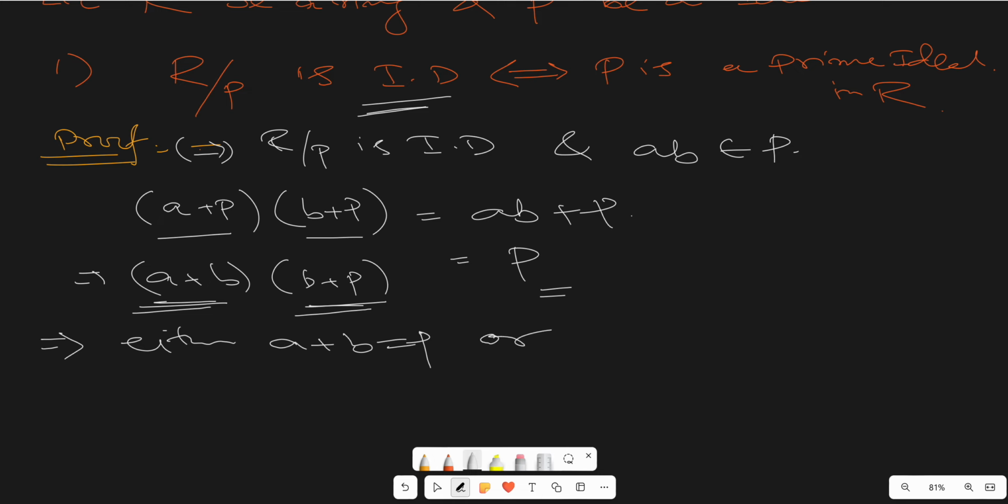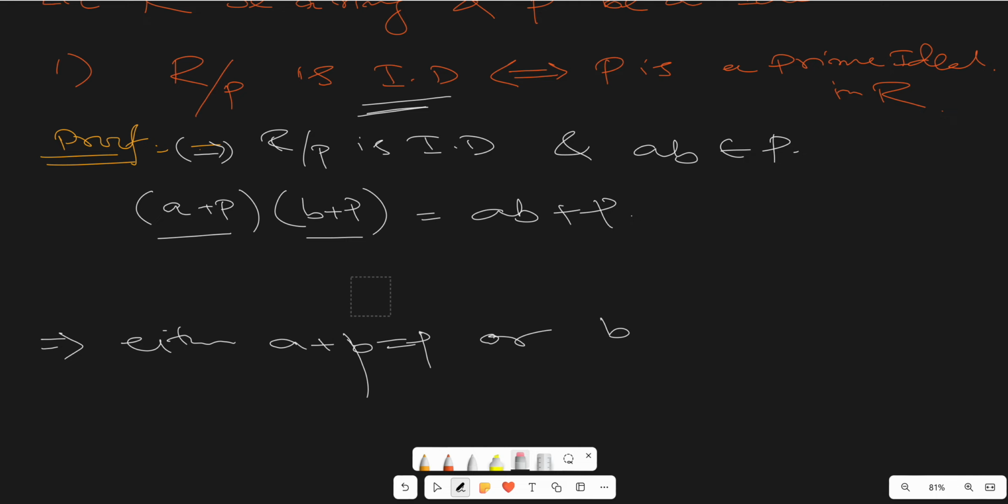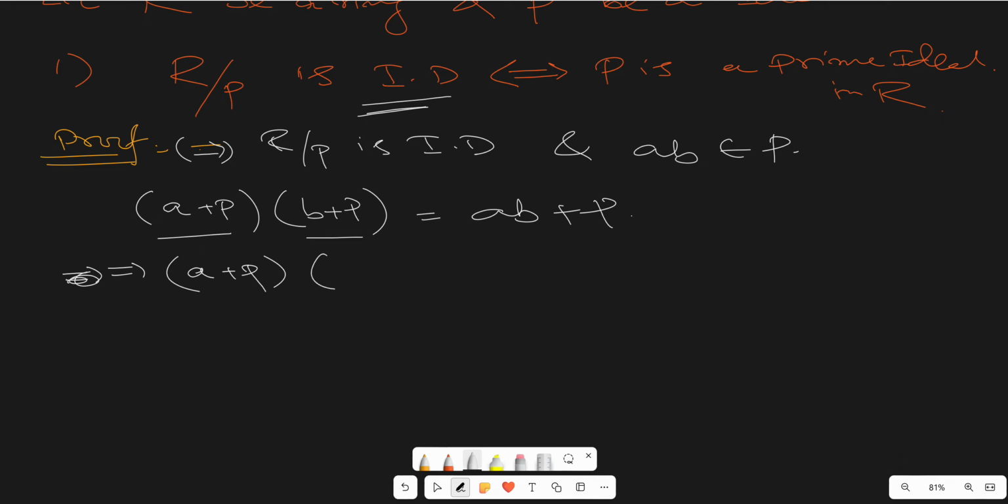So either A plus P equals P or B plus P equals P. Here P stands for the ideal. So (A plus P)(B plus P) is equal to AB plus P, right?